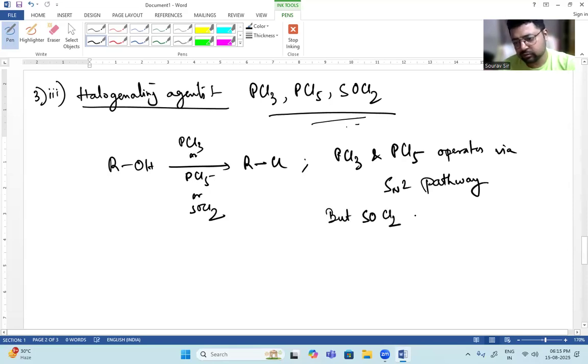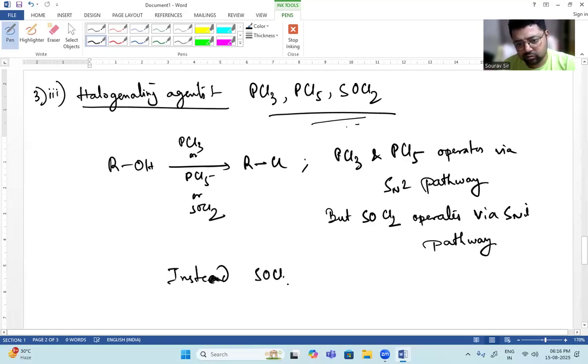SOCl2 operates via the SNi pathway. If you give SOCl2 and pyridine instead, it will give the SN2 pathway.